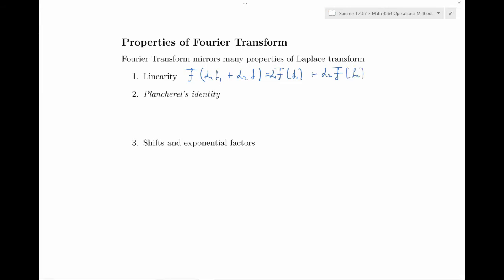Since we're talking about functions from the space L2, each function has a norm, and the Fourier transform sort of preserves the norms.